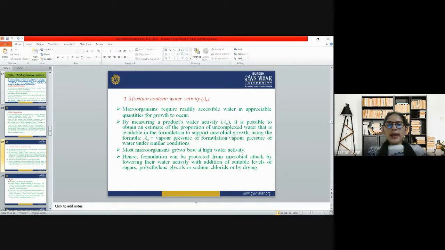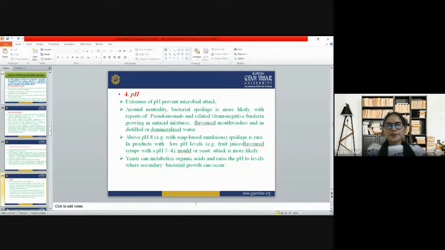Most microorganisms grow best at high water activity. Hence, formulations can be protected from microbial attack by lowering their water activity with additions of suitable levels of sugars, polysaccharides, polyethylene glycol or sodium chloride, or by drying.